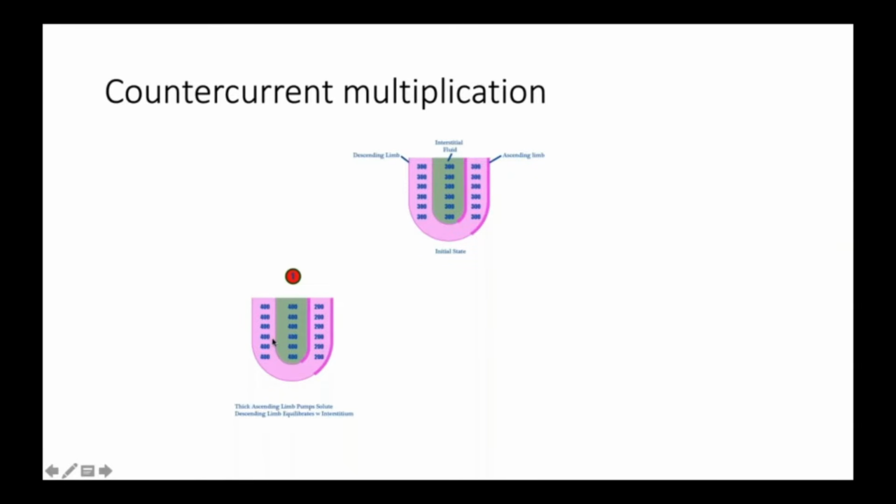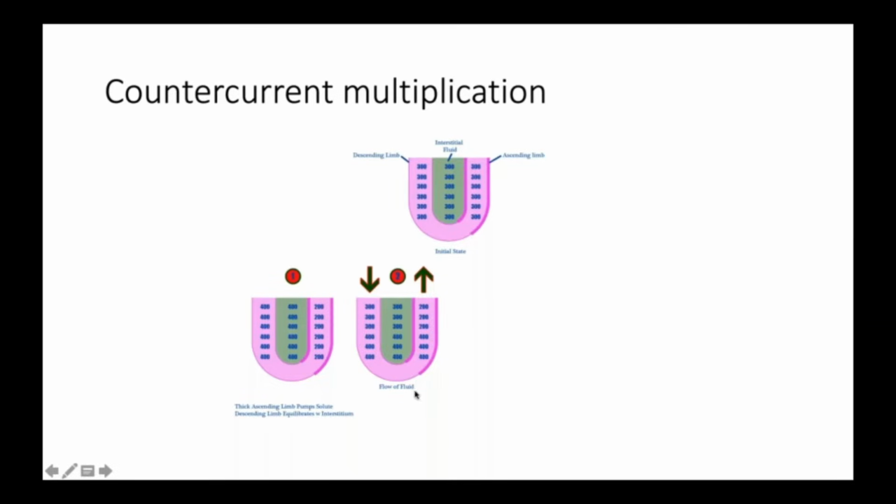And then let's say that fluid flows. So now these 400s displace these 200s and these 200s move up. So now we've got the 400s here and the 400s here, right? All of these 400s have shifted over by 3. And the isotonic fluid from the proximal tubule has now come into the loop of Henle.